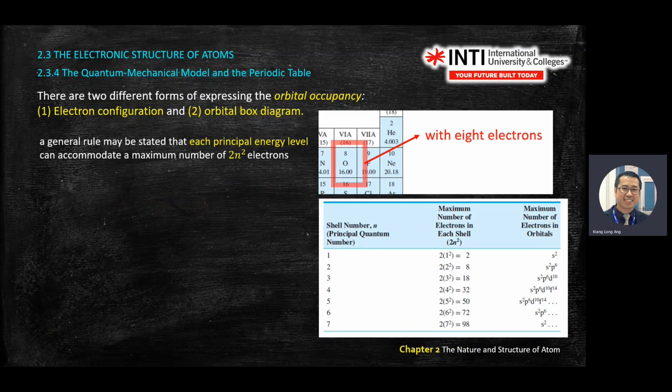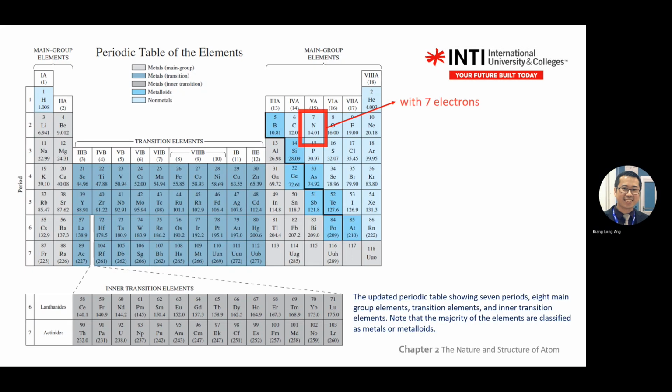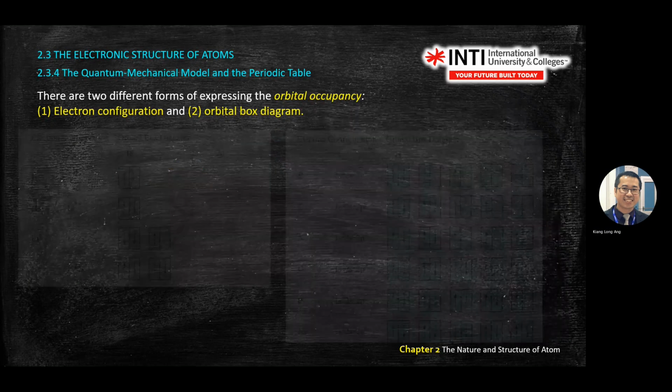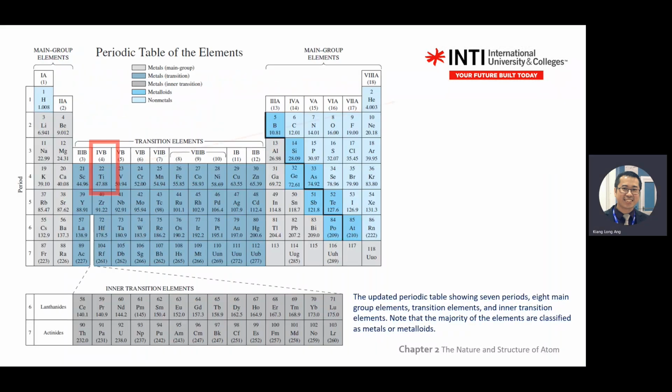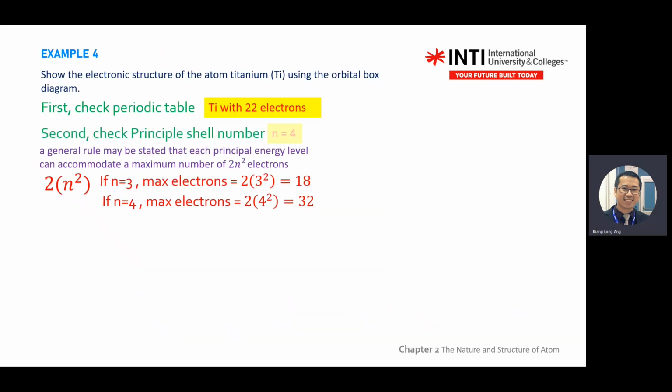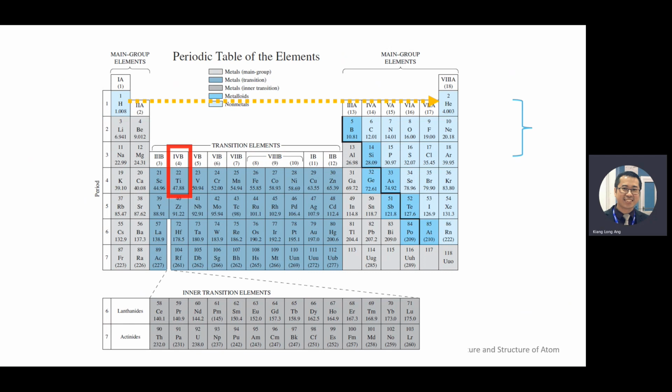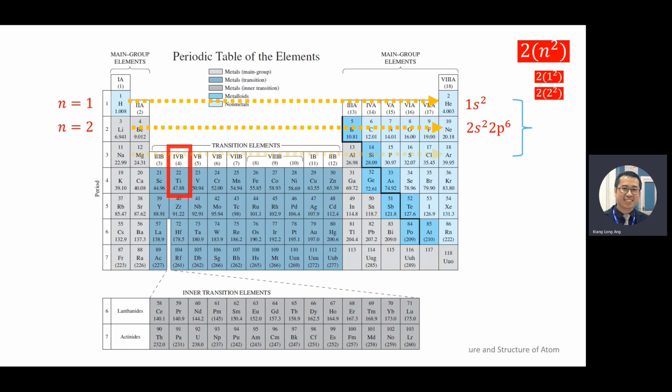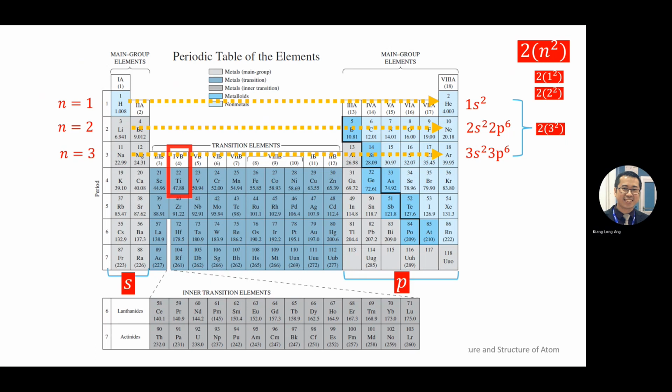Let me check the cheat code on using the periodic table. Just need to be careful on the energy, especially when it comes to transition elements. Either my periodic table is incorrect. The steps are what I showed you in the class, right?